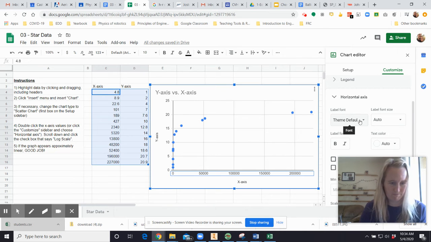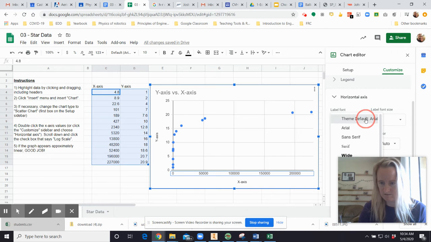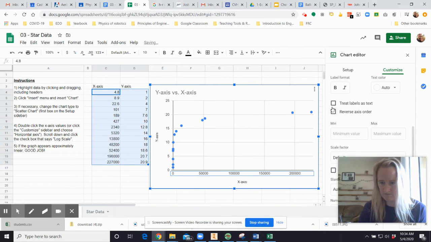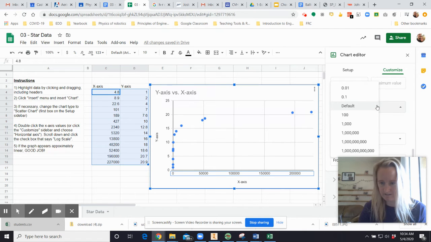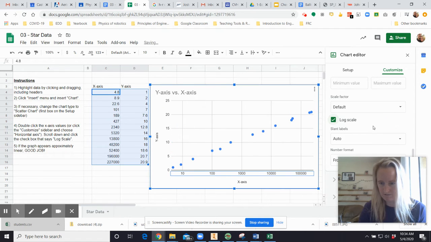Under scale factor, you're going to do, wait, where is it? There, check log scale, right there.